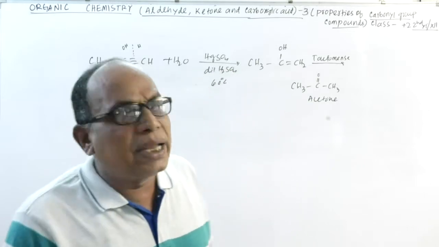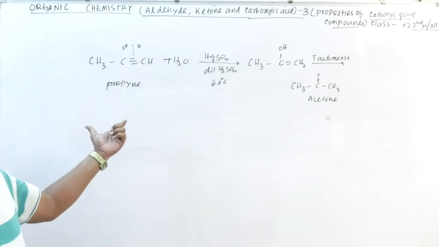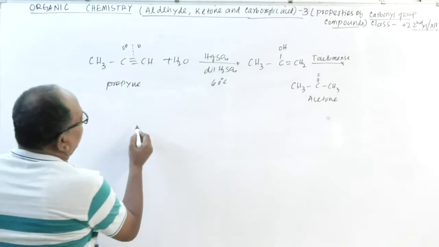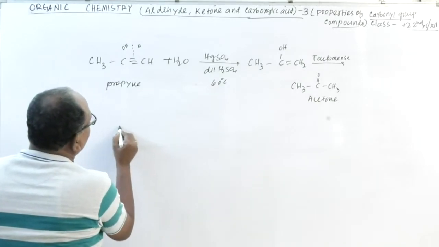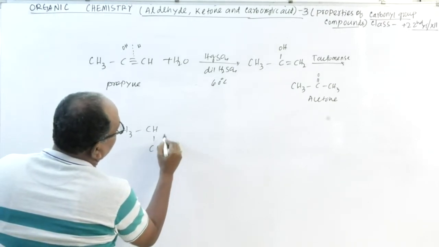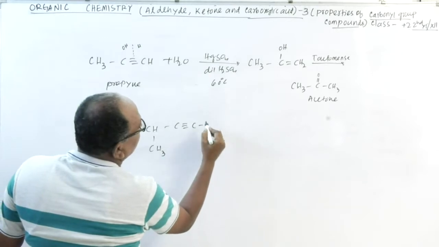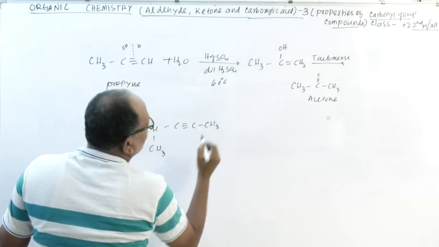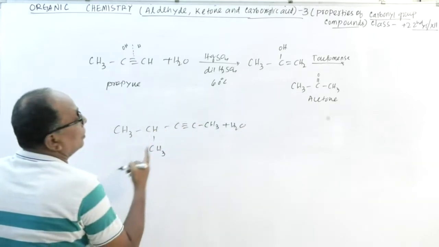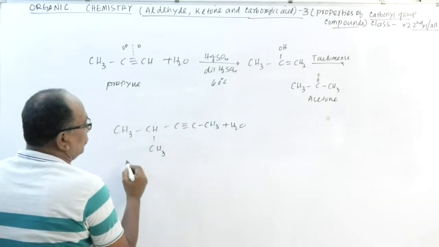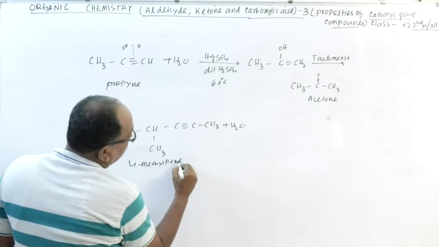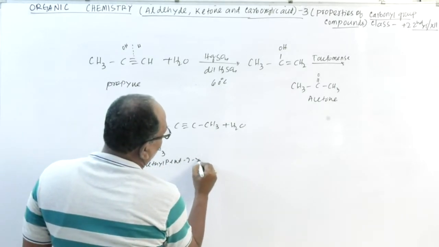Okay, students? Are you clear on this? So, suppose you take this compound, which upon hydrolysis. What is the name of this compound? 1, 2, 3, 4. That is 4-methylpent-2-yne.